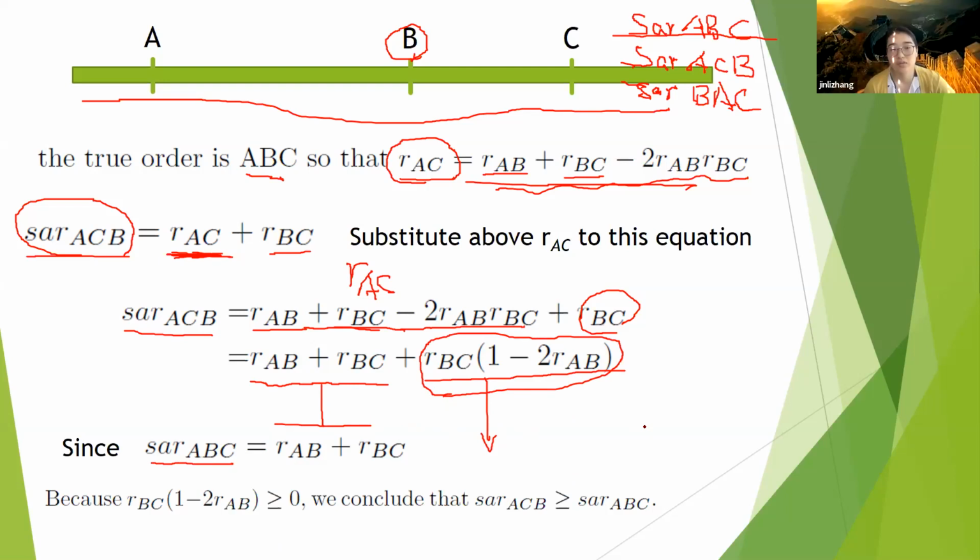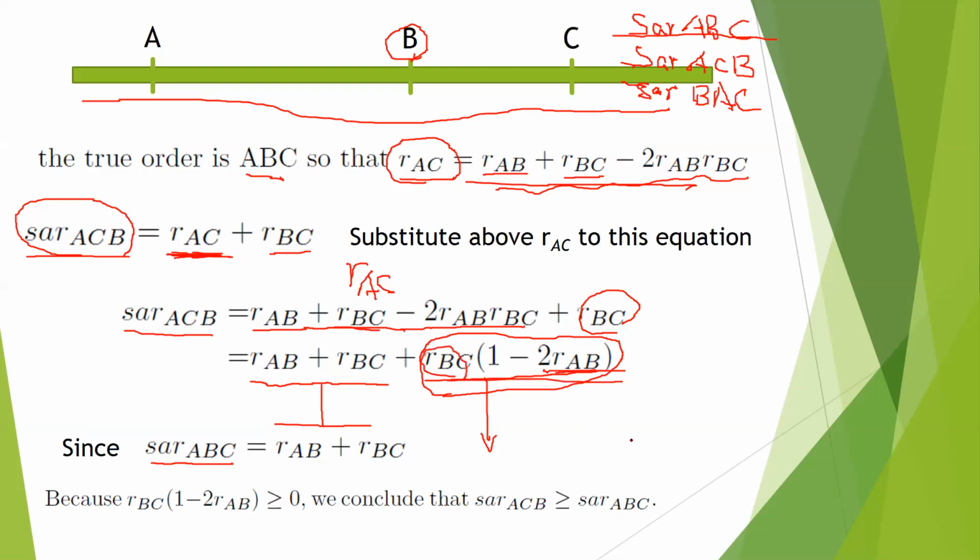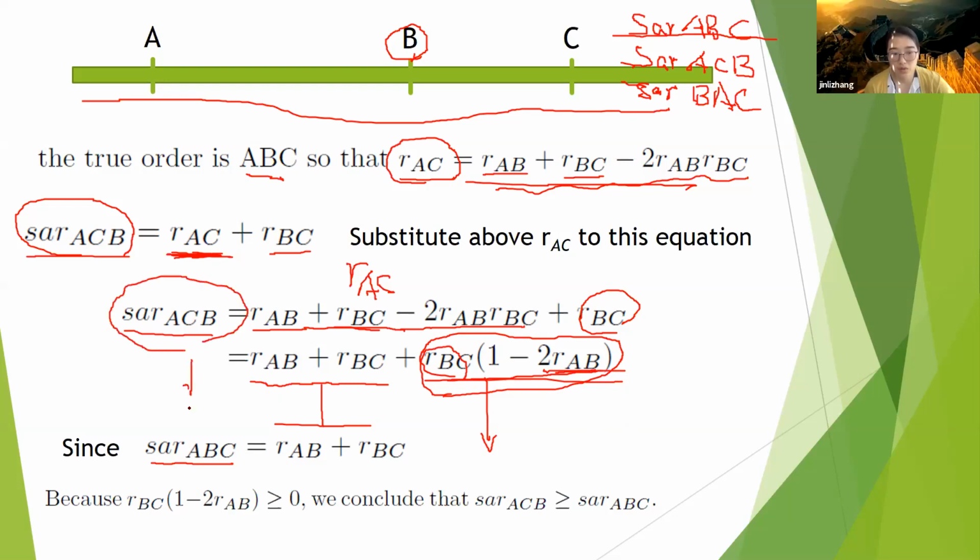Positive? Yeah, positive, because we have a boundary for R, right? Any R should be less than 0.5. So this thing should be less than 1, and 1 minus this thing should be a positive thing. And R itself is a positive thing, so the whole thing should be positive. Which means the SAR ACB should always be not less than SAR ABC, right?